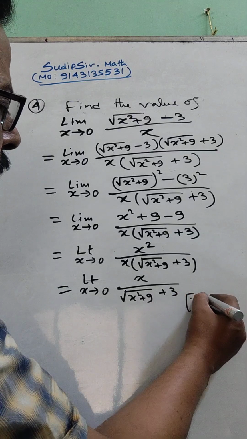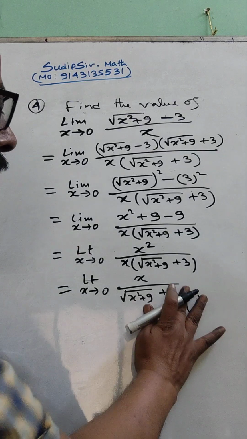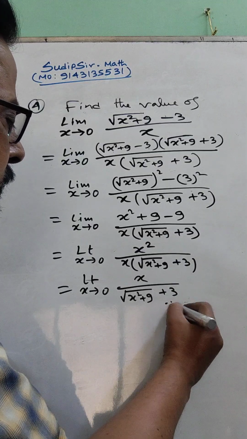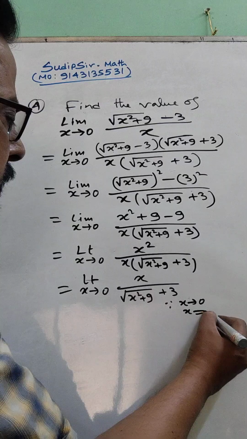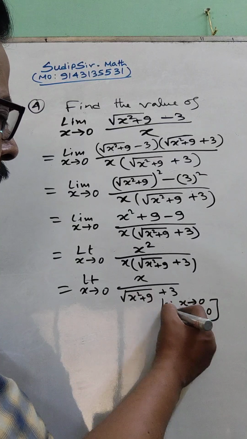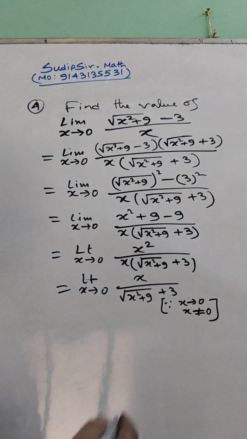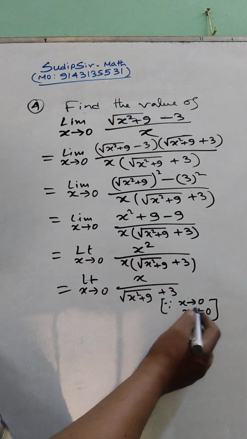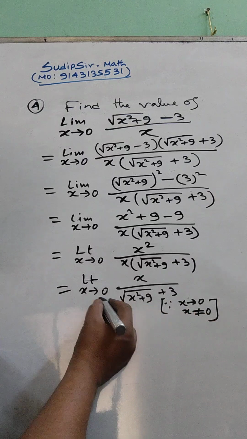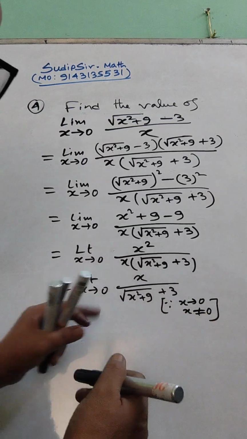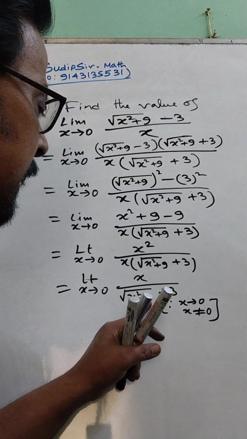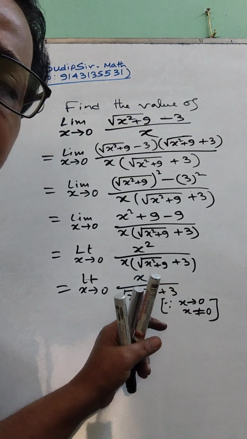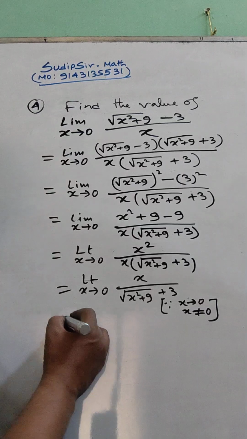Give the note: since x tends to 0, x not equal to 0, so this will be the condition. Now if you put x equal to 0, the denominator will give 3 plus 3, 6, so you can get the value.